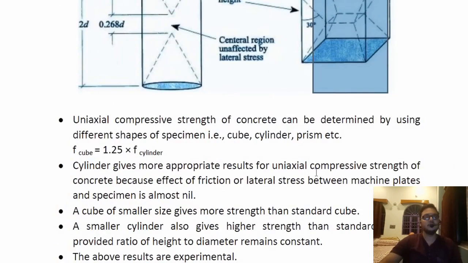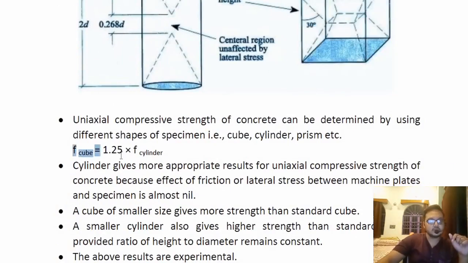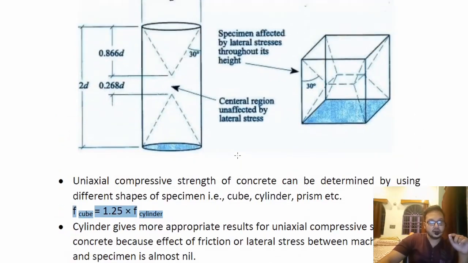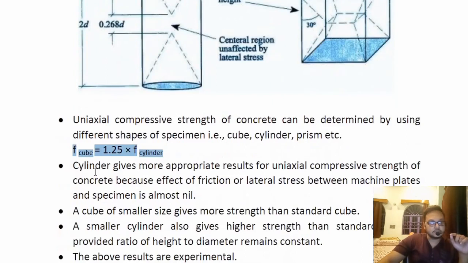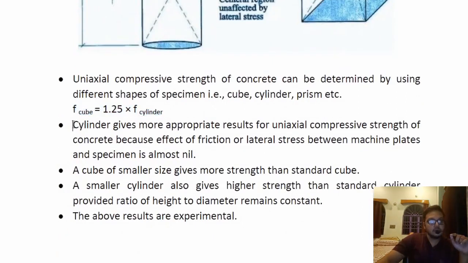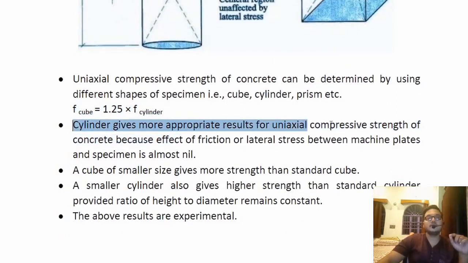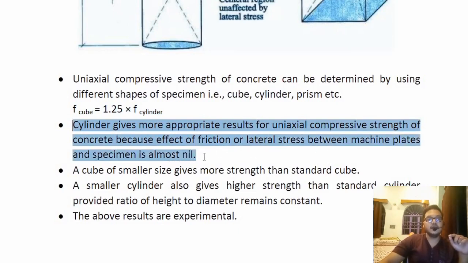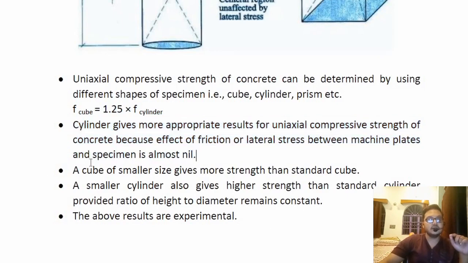In other words, there is one relation: F of cube is 1.25 times F of cylinder, that is the lateral friction. The cylinder gives more appropriate results for uniaxial compressive strength of concrete because the effect of friction or lateral stress between the machine plates and specimen is almost nil.